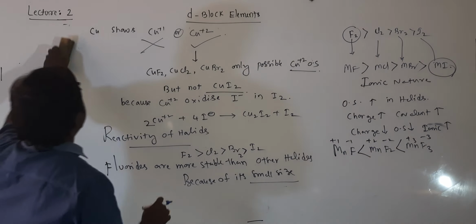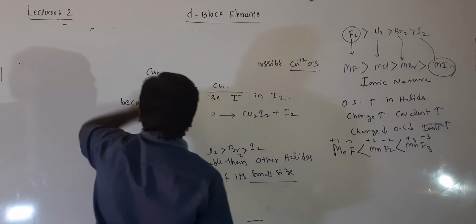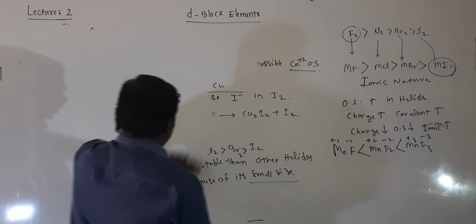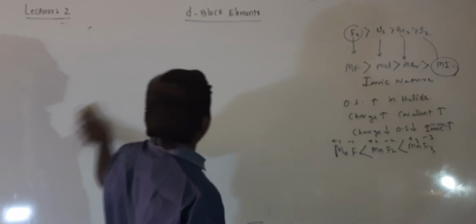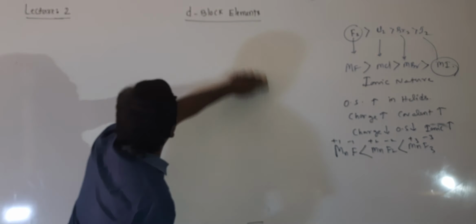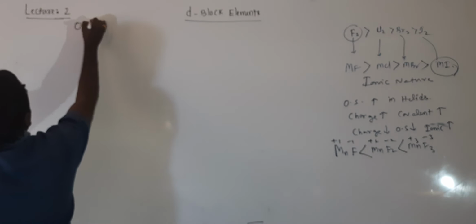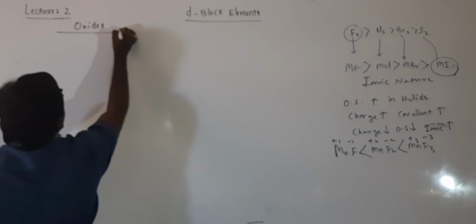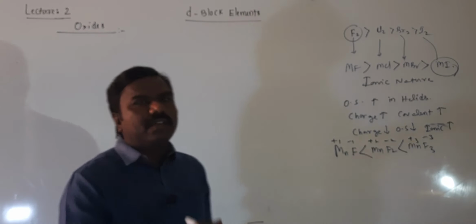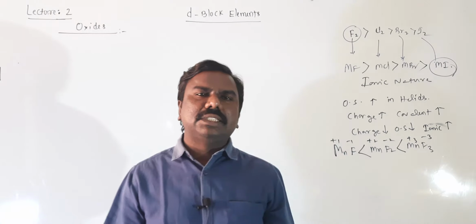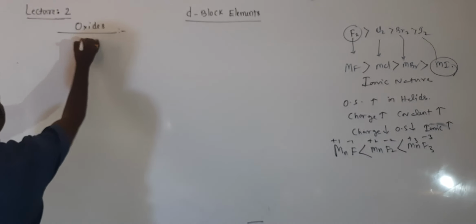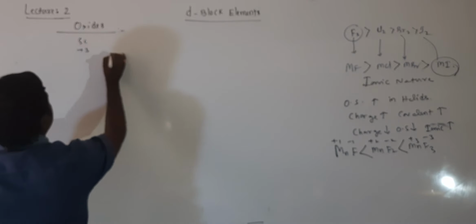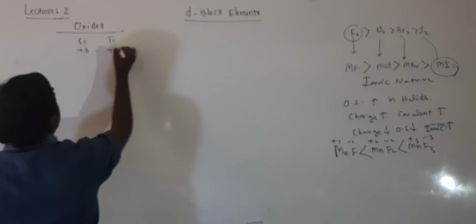Next one is oxides of d block elements or transition elements. Oxides means these series of elements react with oxygen, then form oxides. Scandium is stable in plus 3 oxidation state. Titanium plus 4.